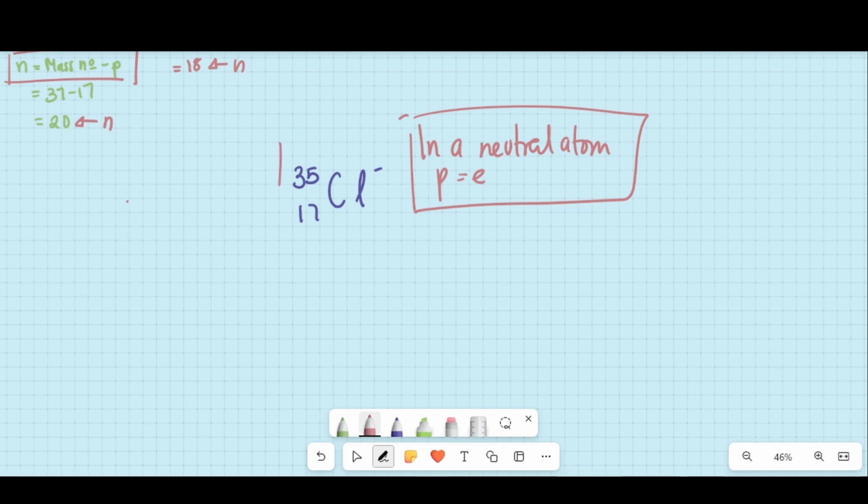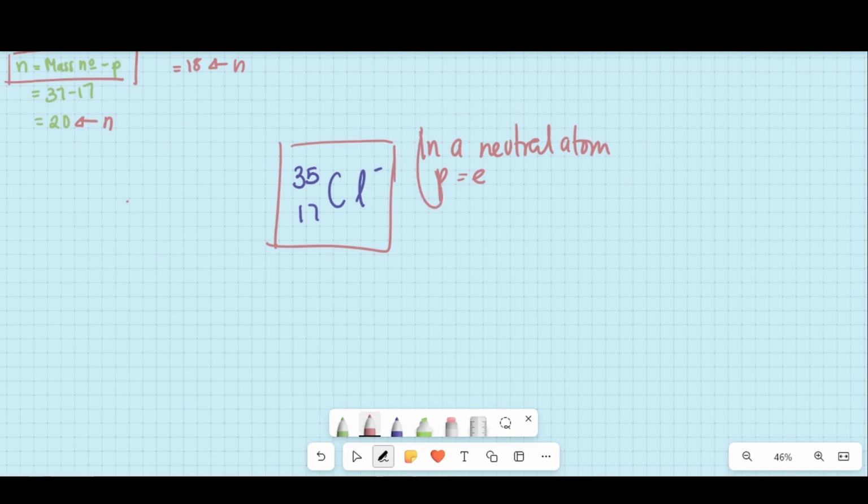This here, however, is not an atom. It's an ion. So it clearly will have a different number of protons and a different number of electrons.